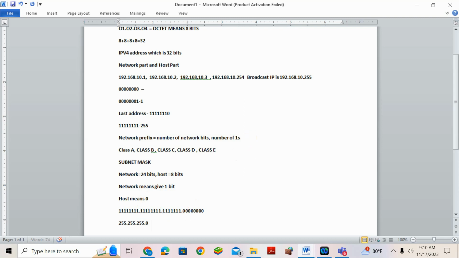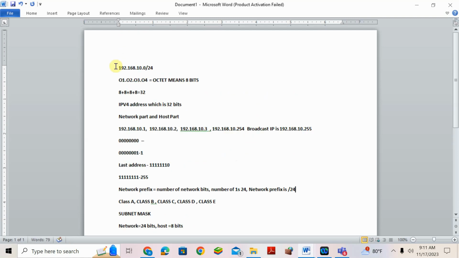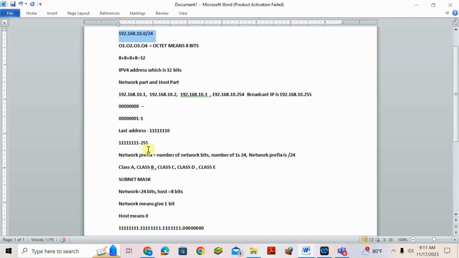That's why the network prefix for class C is slash 24. You understand? This is a network address. It is class C because the first two octets are 192, 168. Okay, 24 is the network prefix, meaning we have 24 bits for network.